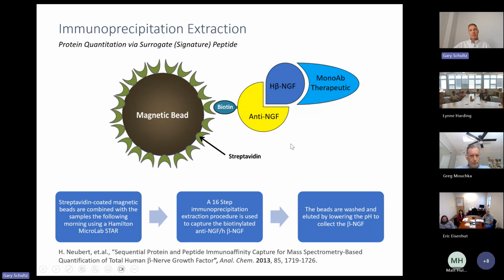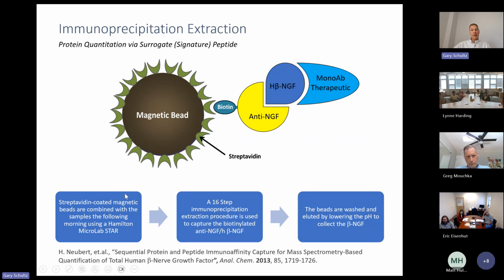And what this method did was to capture a beta NGF, nerve growth factor protein, with an antibody in the 96 well plates. We then combined the assay with magnetic beads that were streptavidin coated. We had biotinylated antibody to the protein.